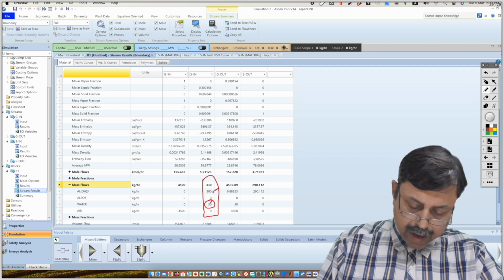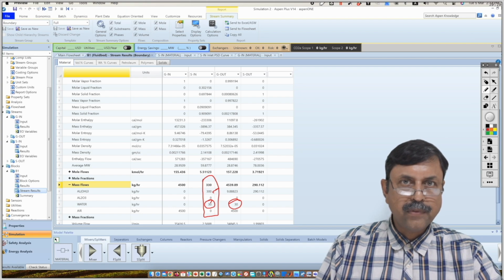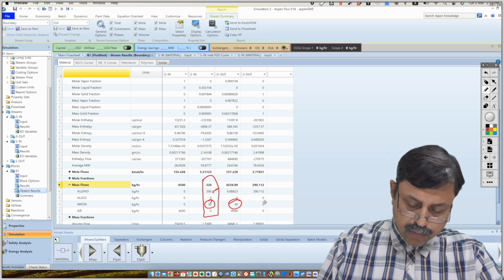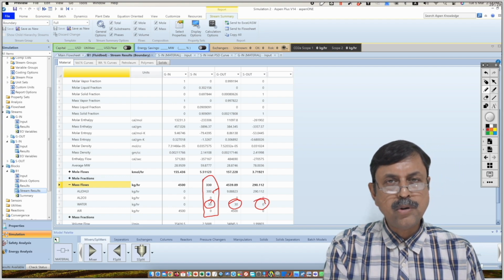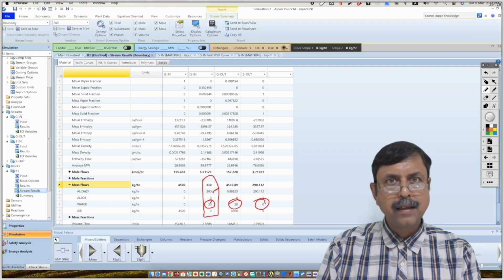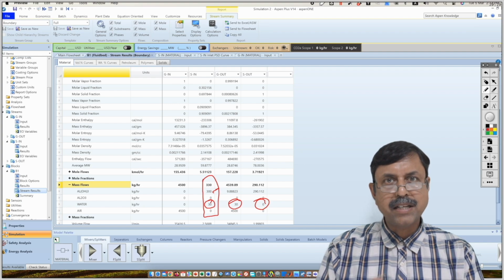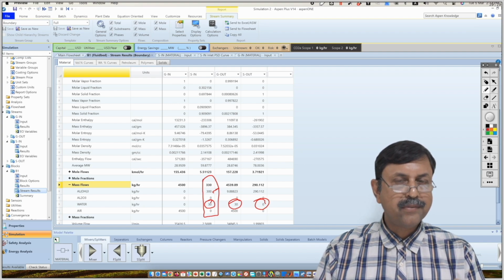Gas out will have the entire 30 kg per hour of water, and the solid out will have no water. So the entire amount of water coming through the solid in is being dried up due to this high temperature air. That's what it means. So it is successfully drying.